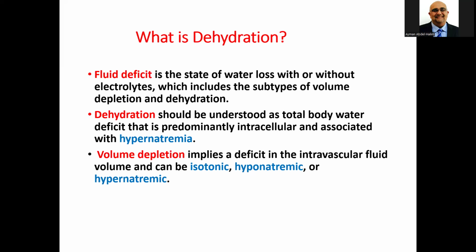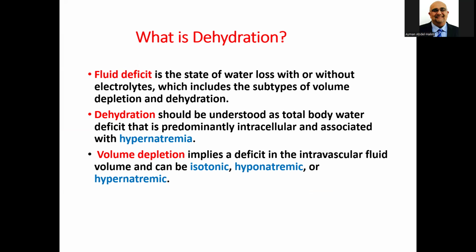So what is dehydration? Before I explain dehydration, I have to explain fluid deficit. Fluid deficit is the state of water loss, with or without electrolytes, which includes the subtypes of volume depletion and dehydration. Dehydration should be understood as total body water deficit that's predominantly intracellular and associated with hypernatremia.